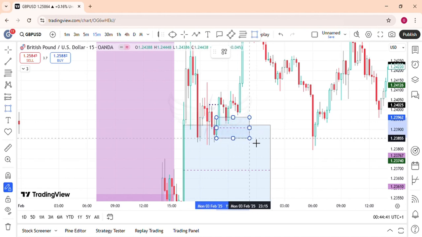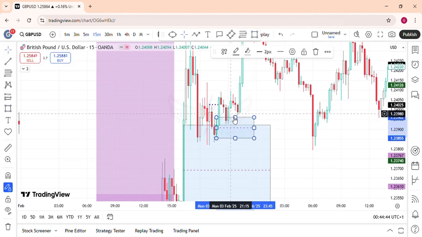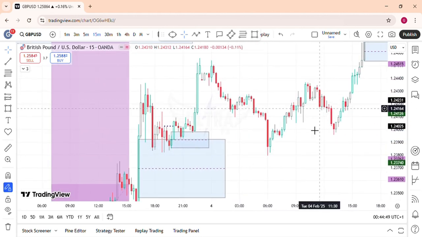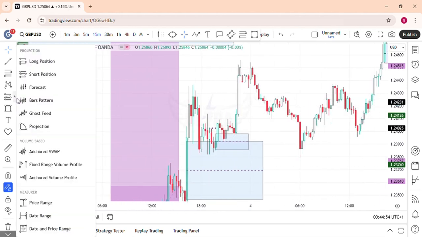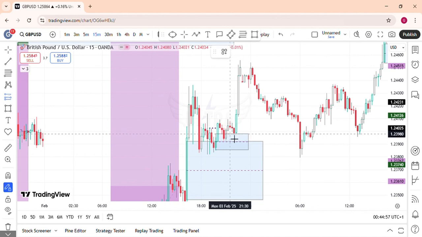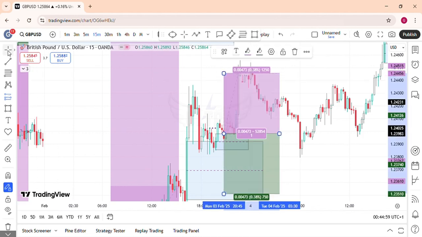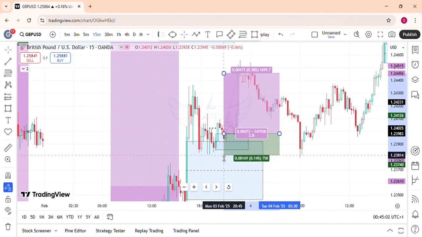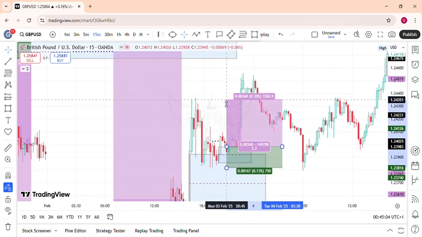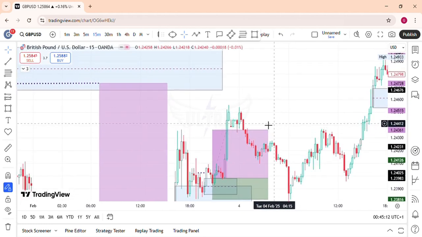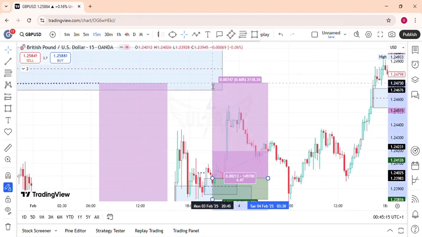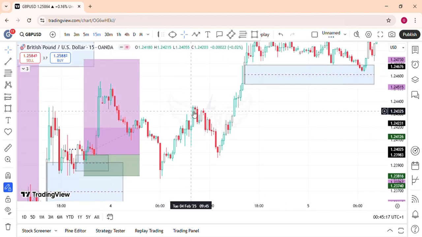Let's use the order block and fair value gap. So you looking at this fair value gap right here, you can just take your entry from here, putting our stop loss here, taking your entry to the previous high, which is giving you 2.26 risk to reward, or taking it to the previous setup's high, giving you a re-entry.